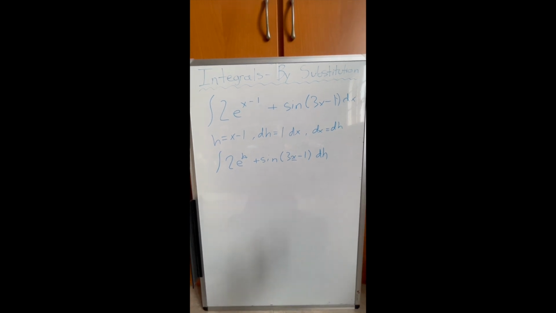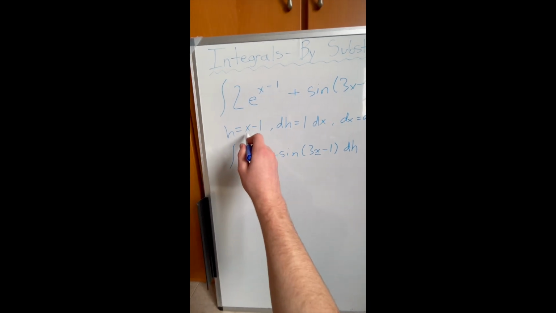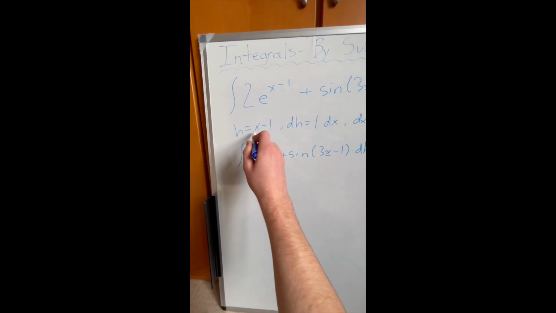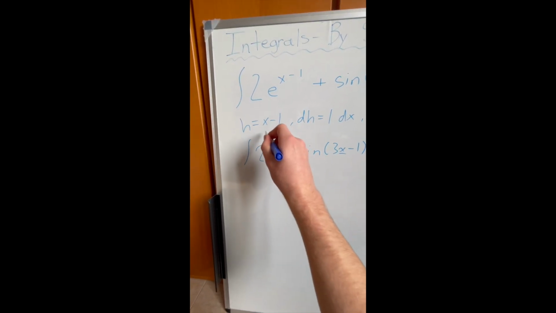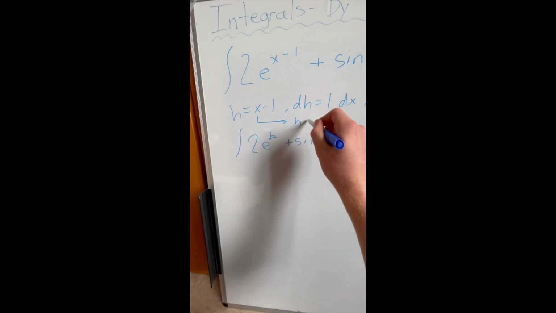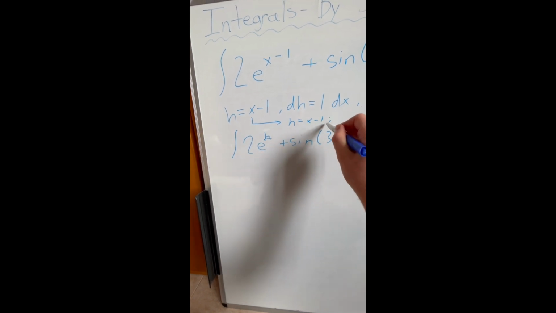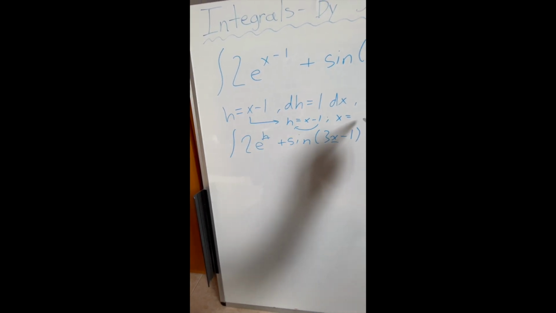This cannot be. We have to have only one of the two variables. And the way to solve this is, since we have an x here and an x here, we can isolate this x in terms of h and then substitute it back here. So h is equal to x minus 1, but also x is equal to h plus 1, as this minus 1 goes to the other side.